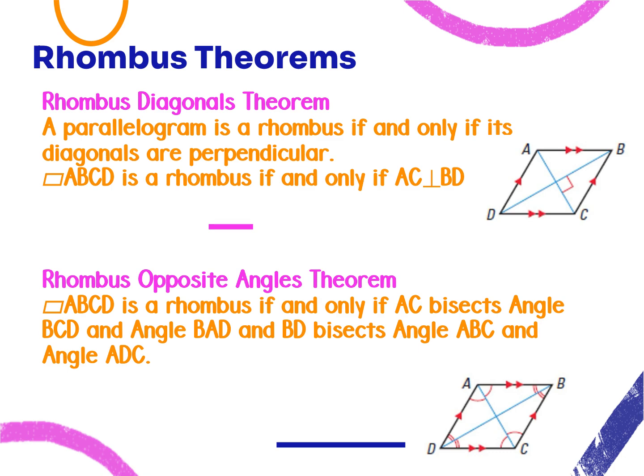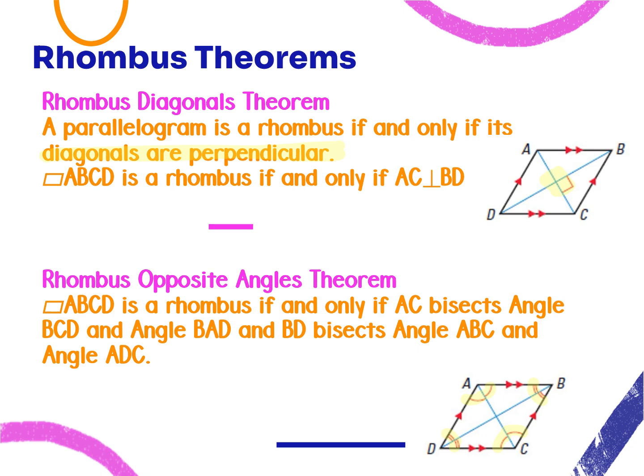Rhombus diagonal theorem. What do I know? Diagonals are perpendicular for rhombus. Okay, my diagonals are perpendicular for my rhombus. Rhombus opposite angles theorem. Opposite angles bisect each other.